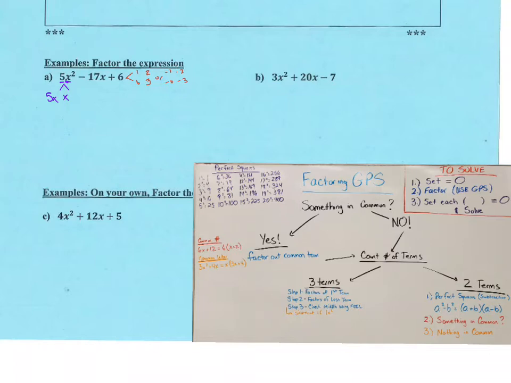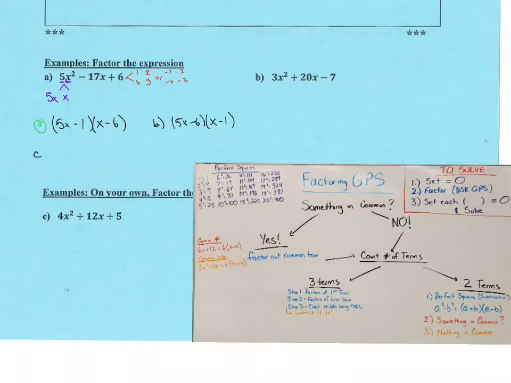So there's option A, right? You could have 5x minus 1, x minus 6. You could have option B. I'm just writing all the possible combinations of what we have. You could have 5x, but this time you could put the minus 6 with the 5x and the x minus 1.